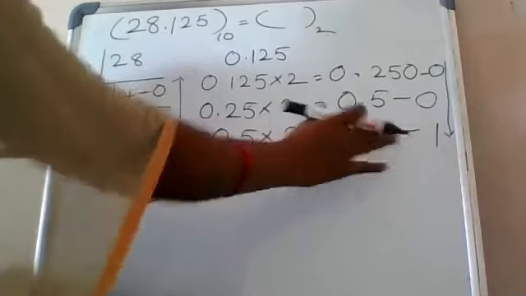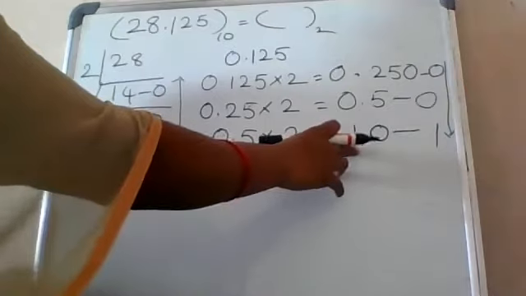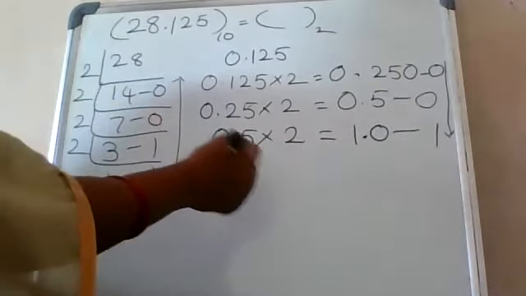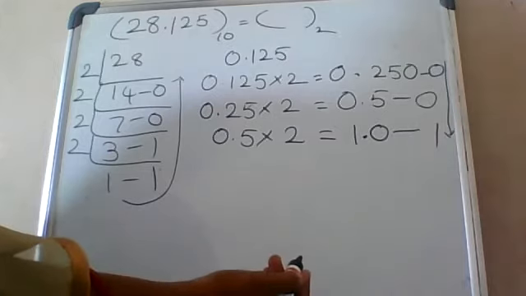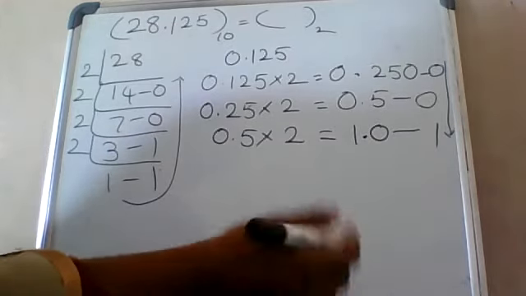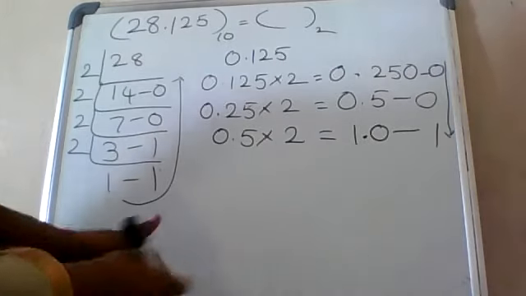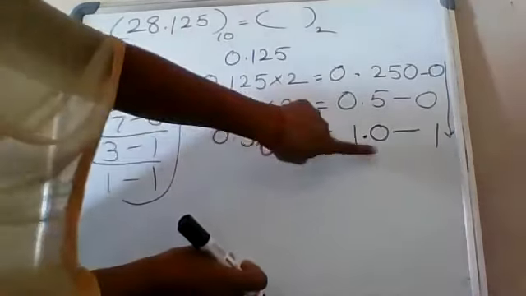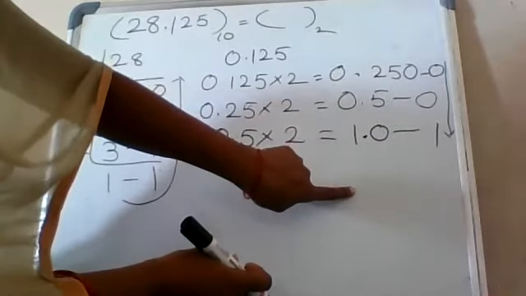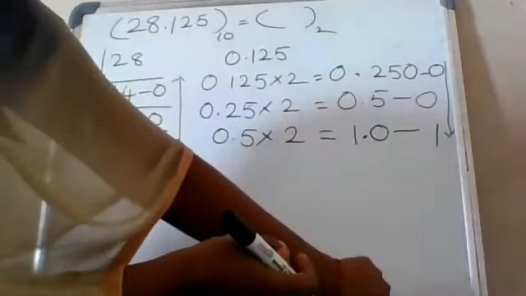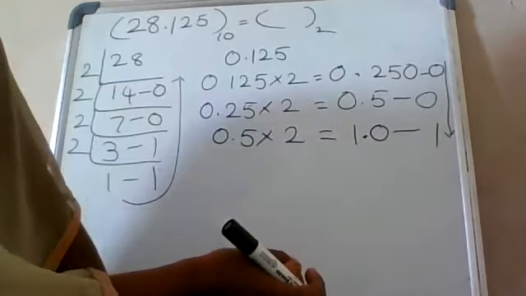I'm stopping here because if you multiply 1 by 2, you get 2, and again the remainders 0 and 1 continue. So we can stop at any 3 or 4 numbers, or otherwise continue up to 10 numbers.